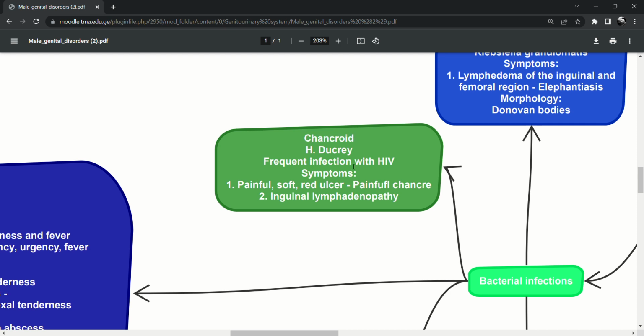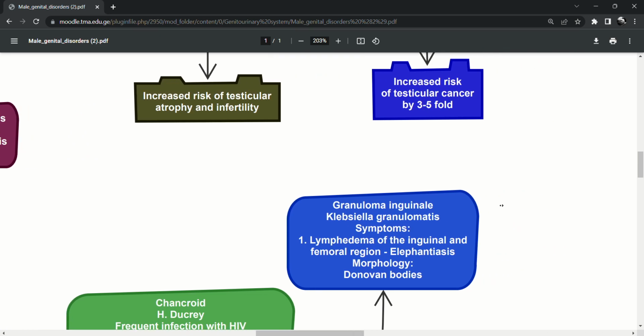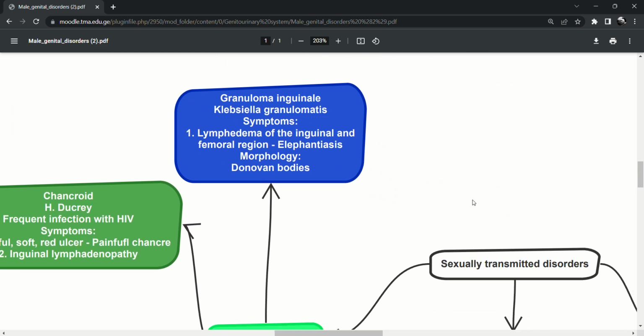It's a frequent infection in patients affected with HIV. Symptoms include a painful soft red ulcer, painful chancre, and also inguinal lymphadenopathy.